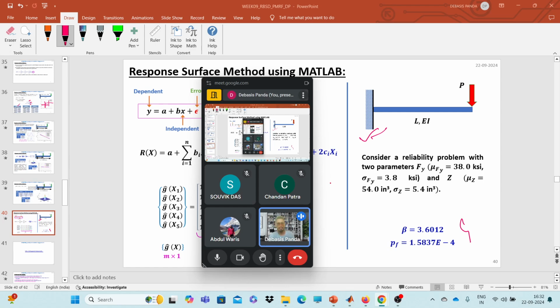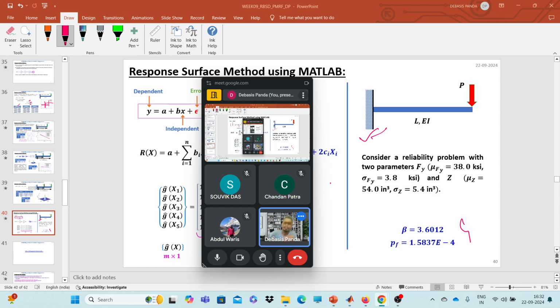So the concept, I hope this is clear, what we are actually doing in the response surface method and least square method. All these things we have gone through, and we already have that polynomial code. We just need to incorporate it in this, so it will solve this issue, I hope.